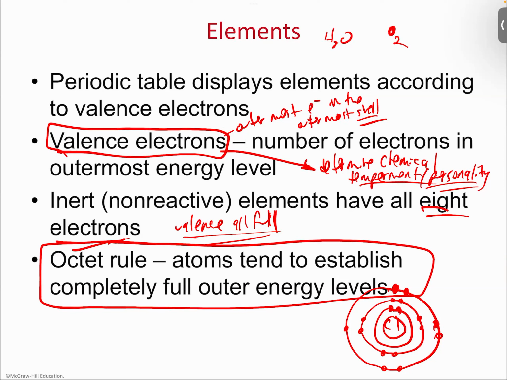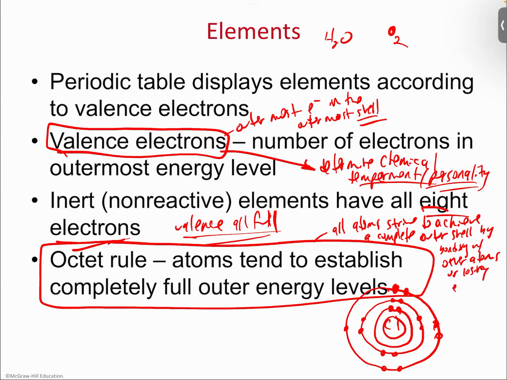That is the octet rule. This basically means that all atoms strive to achieve a complete outer shell, either by bonding with other atoms or by gaining electrons.